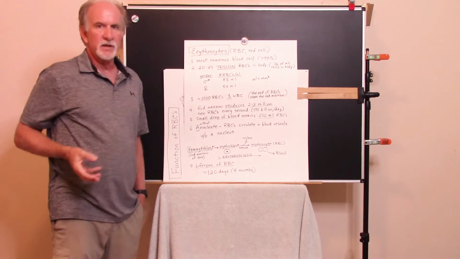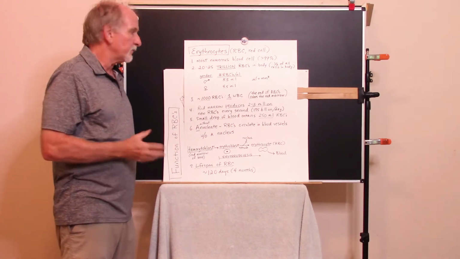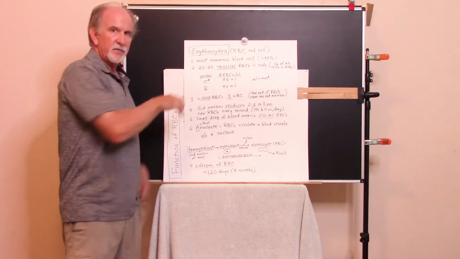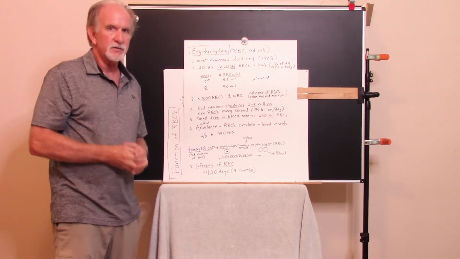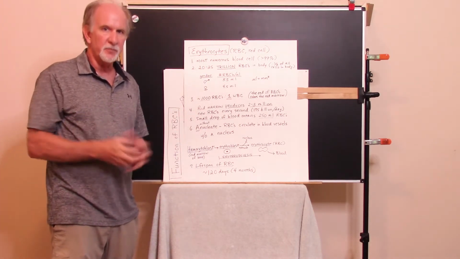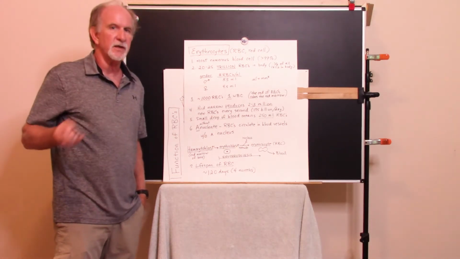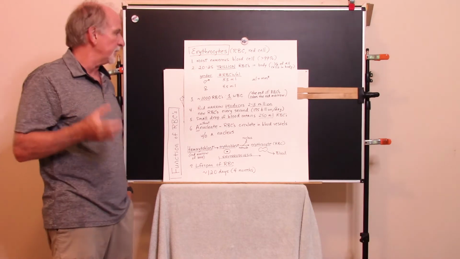The number of red cells in a microliter of blood varies by gender. Males have more red cells per microliter of blood as compared to females. So there's a greater red cell density in males as compared to females.